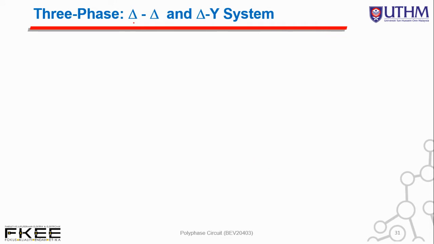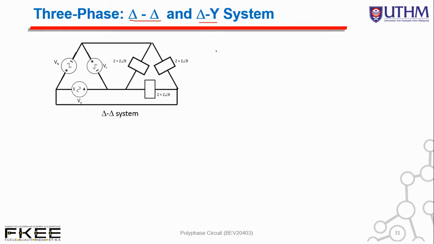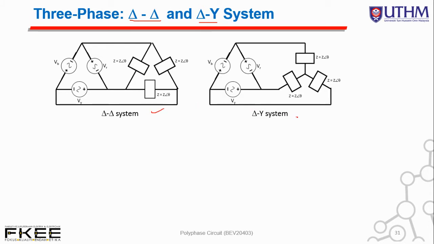So what about delta delta and the delta Y system? This is delta to delta, and this is delta to Y. This is basically similar to star delta, but this one is a new configuration, the combination of delta and delta.